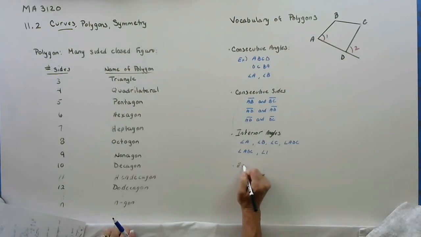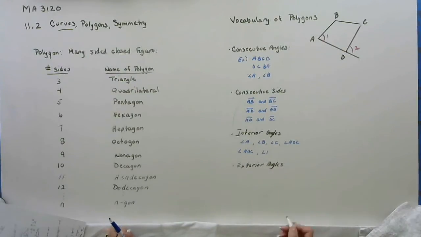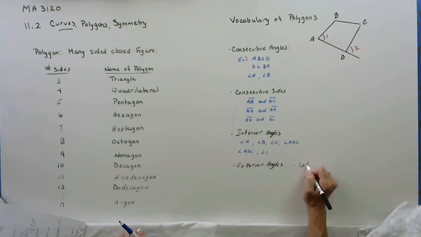Exterior angles are on the outside of the polygon. So these are angles on the outside of the polygon. To create an exterior angle, we extend one side. Okay, so we extend one of the sides.